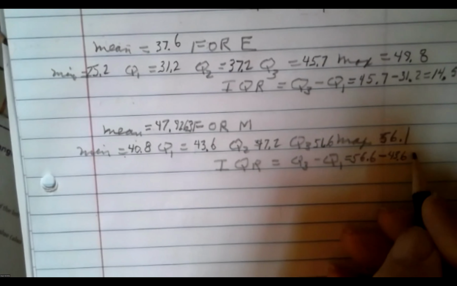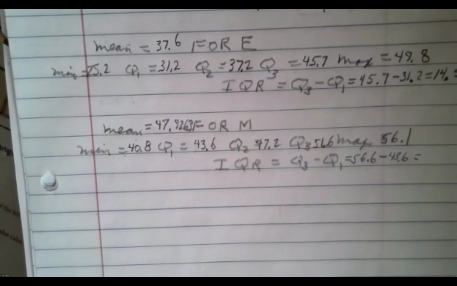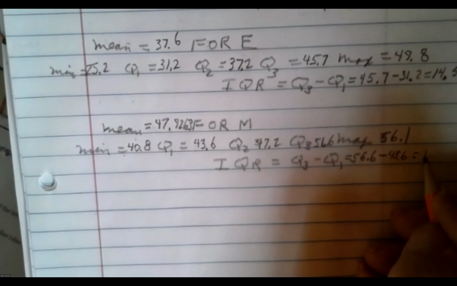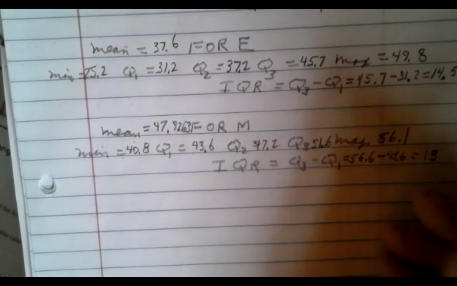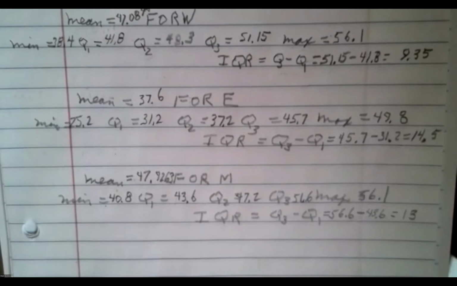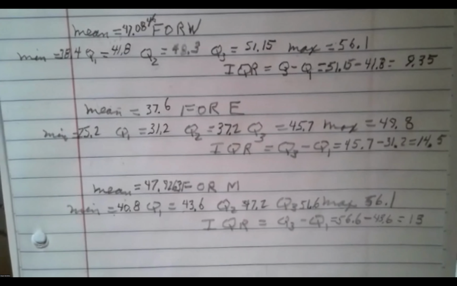And when we put that in a trusty little calculator, we have exactly 13. So this comes out to be 13. So now I think we have all of the calculations that we need in order to answer the questions in problem 3. So let's go back to problem 3.